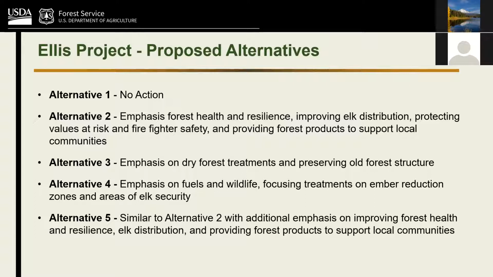So the theme of alternative 3 is an emphasis on dry forest treatments and preserving old forest structure. Alternative 4 has an emphasis on fuels and wildlife. So we would be focusing our treatments within a buffer that would be 1.5 miles from the values at risk.